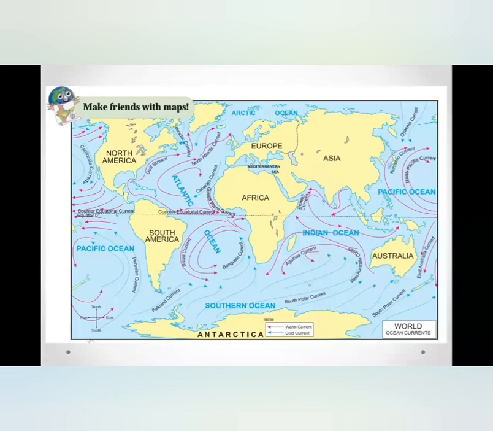As we know, wind is mostly created during daytime, due to the sun's heat.